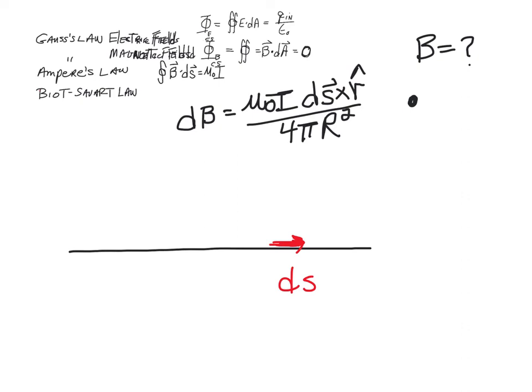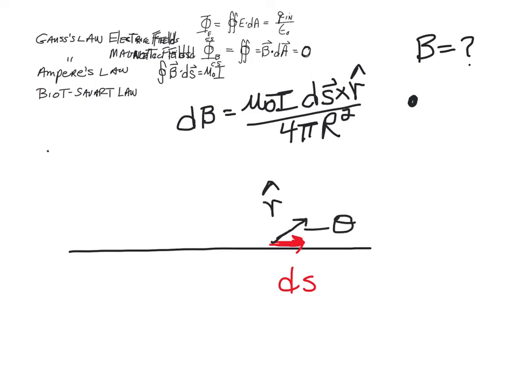Because remember, let me draw in that r hat vector. So r hat is a unit vector from ds toward the point that we're evaluating the field at. So that's r hat. And the angle between the ds and the r hat is our theta.